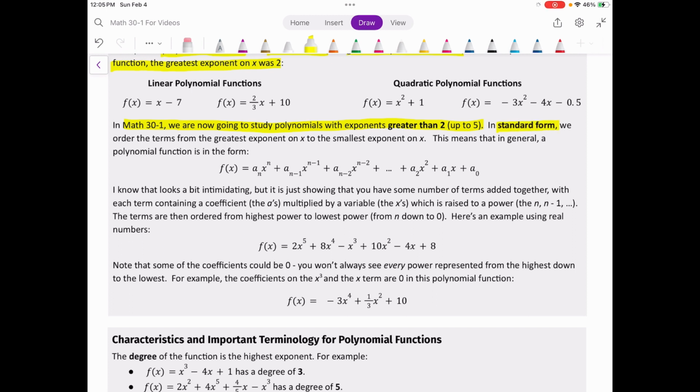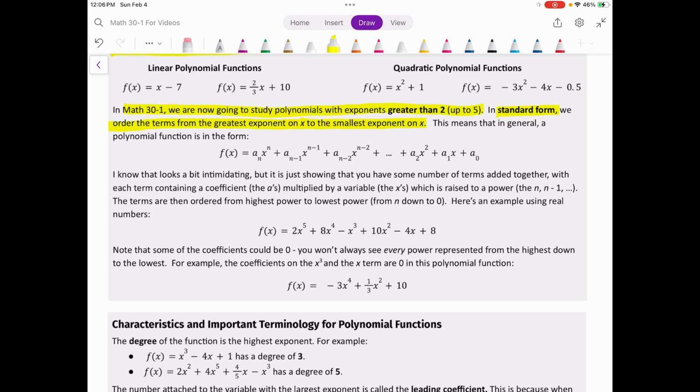And all standard form is ordering the terms from the greatest exponent on x to the smallest exponent on x, right? One of the reasons that's really nice is that the first term then is the largest term, and that tells us a lot about how the function's going to behave when x gets really large or really small, because that's the biggest power of x, so it kind of dominates the behavior of the function since it'll have the largest exponent on x.